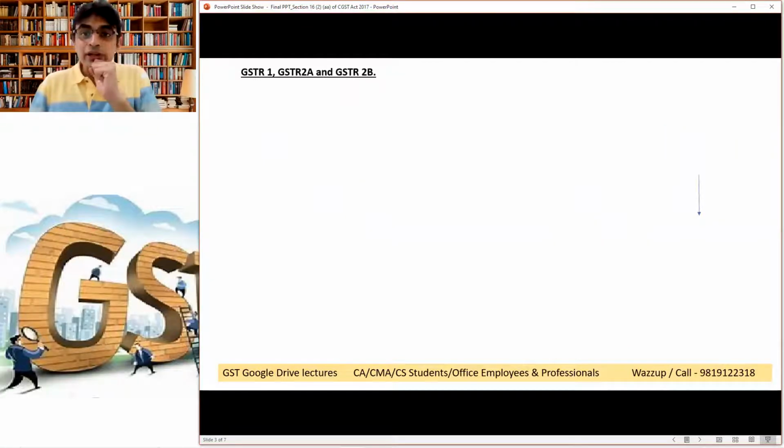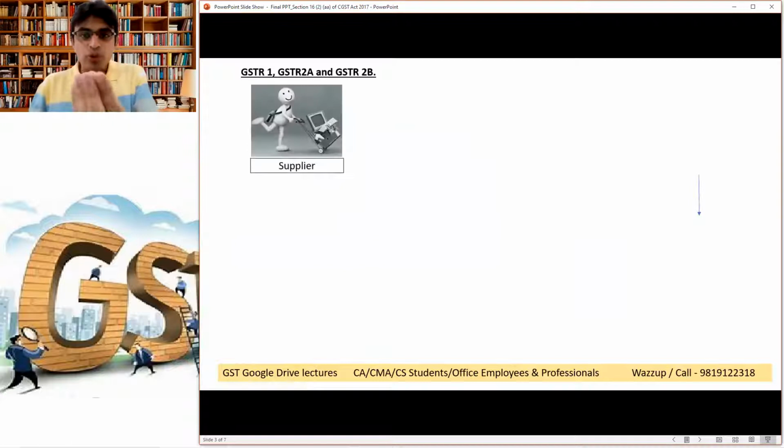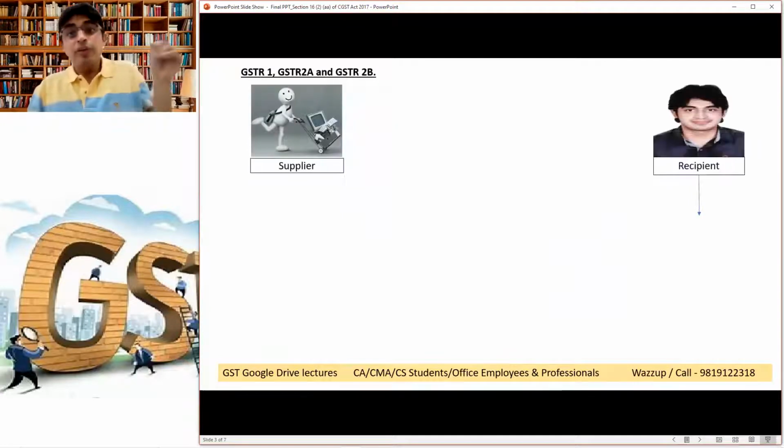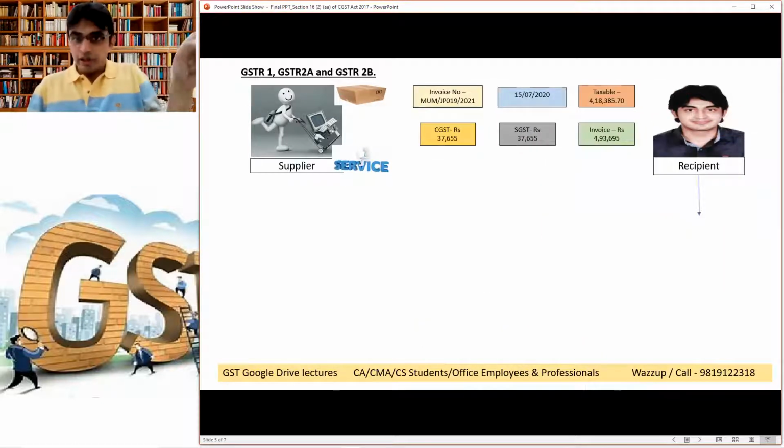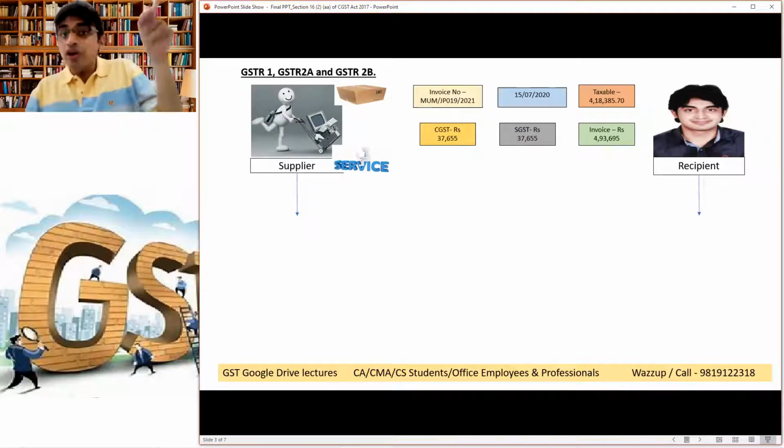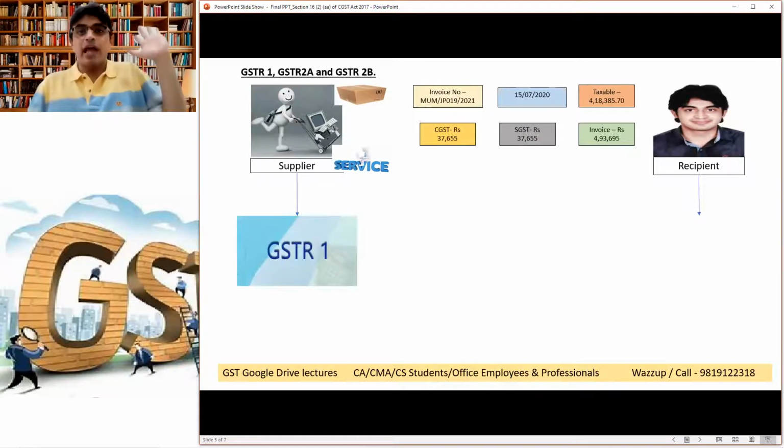Now what was happening? Suppose GSTR 1, 2A, 2B, just one example. Suppose this time I am a recipient. I purchase goods or services from this person. These are the invoice details. As a supplier, which return will the supplier file? GSTR 1, by the 11th of the subsequent month.